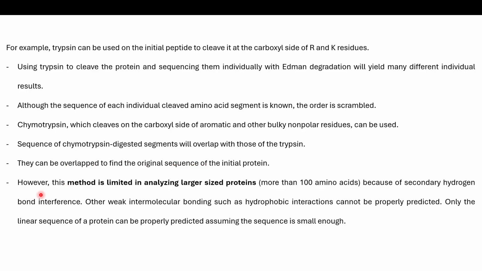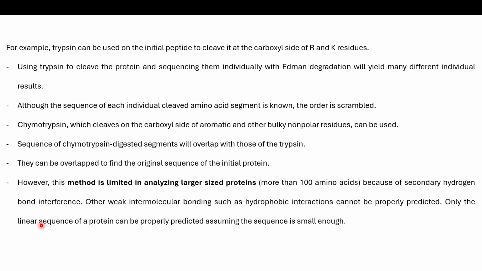But this method is limited in analyzing very large proteins, more than 100 amino acids, because of secondary hydrogen bond interference. There might also be other weak intermolecular bonding, like hydrophobic interactions, which cannot really be properly predicted.